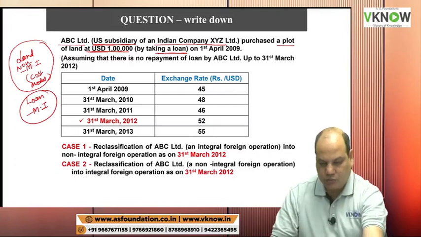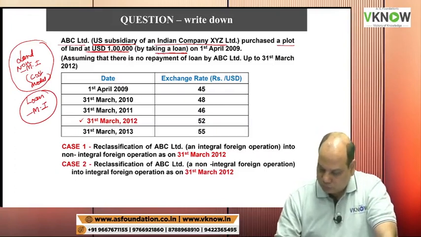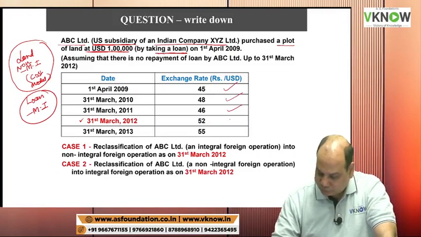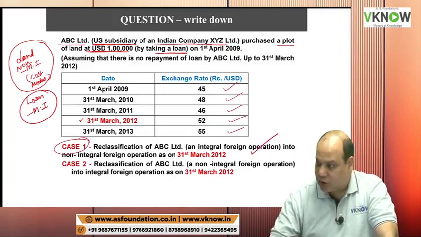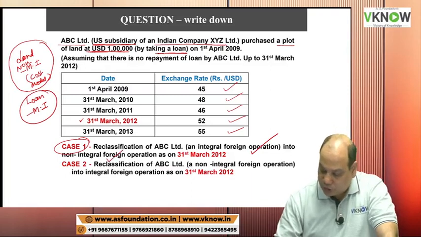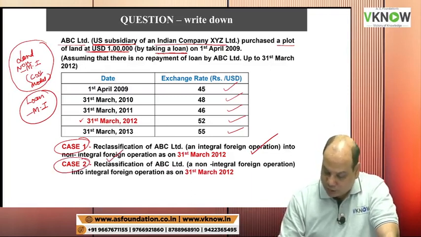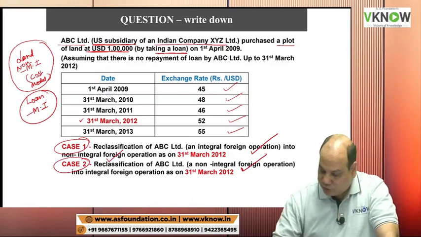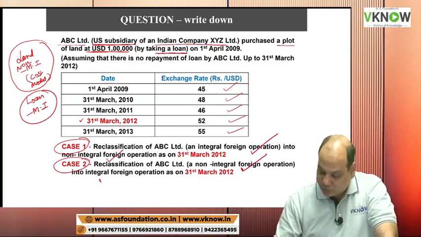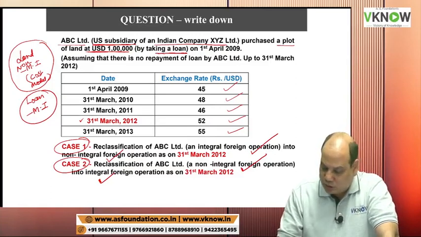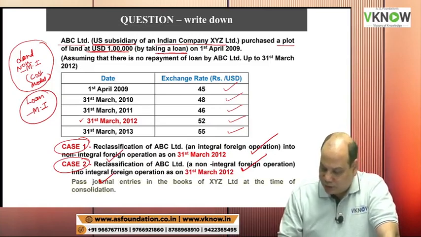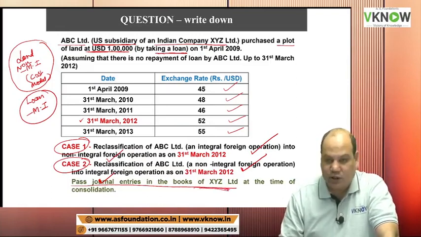Okay. Now there are different rates given. In the first case, originally it was IFO, now it is NIFO. Whereas in case 2, originally it was non-integral, but now it is integral. So please solve by writing case 1: pass journal entry in the books of XYZ Limited at the time of consolidation.